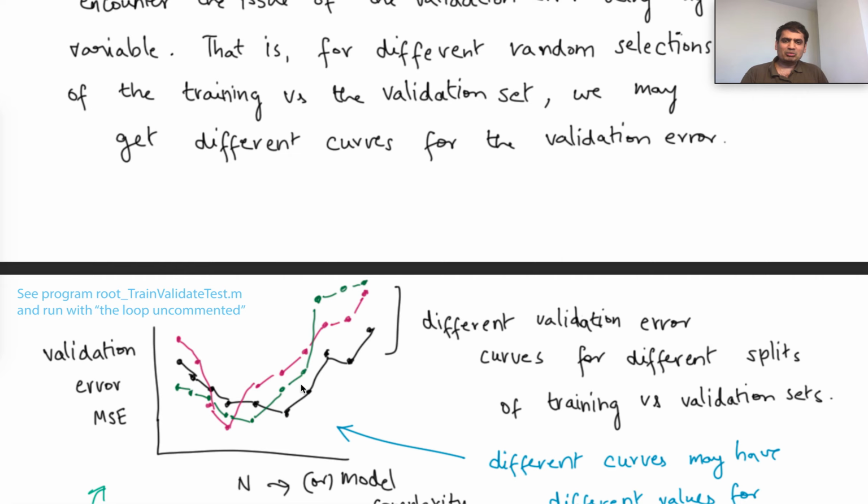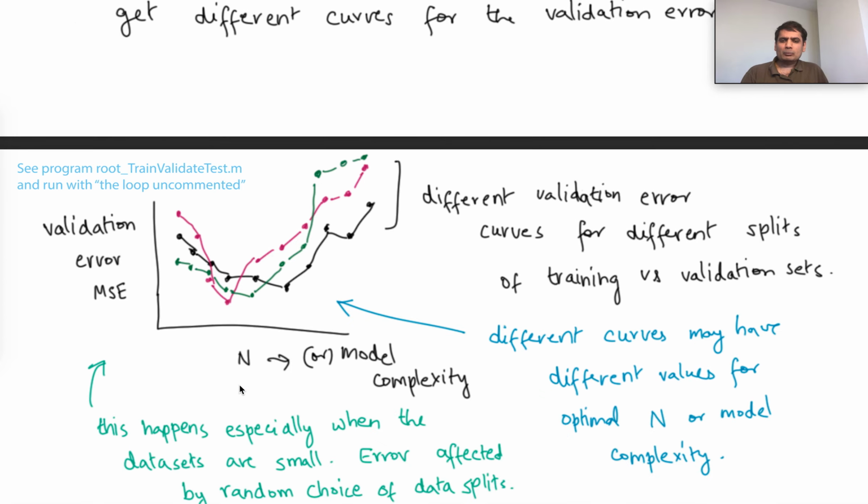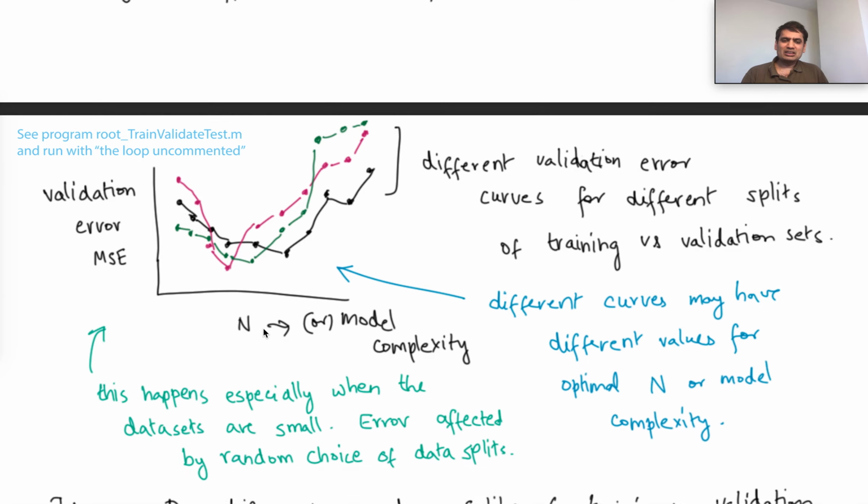For another split, you might get some other curve that looks like this. For a different split, you might get a different curve. So what do you want to do? And each of these actually might have slightly different optimal values of n. If you have a large enough data set, this might not matter all that much.